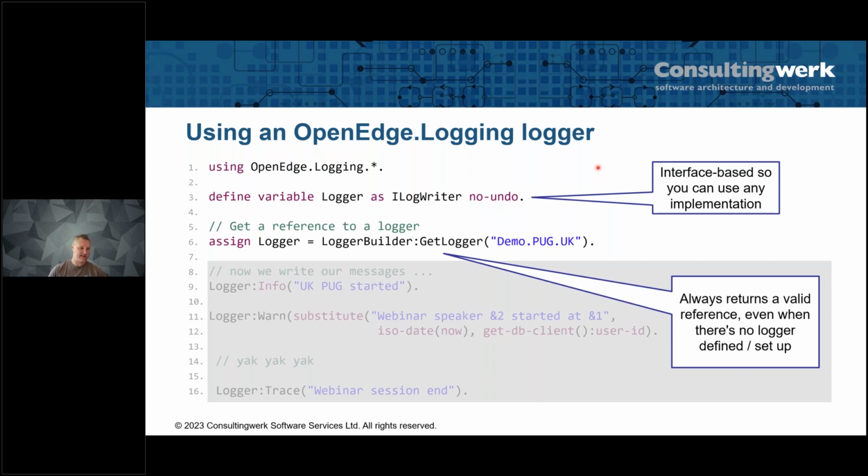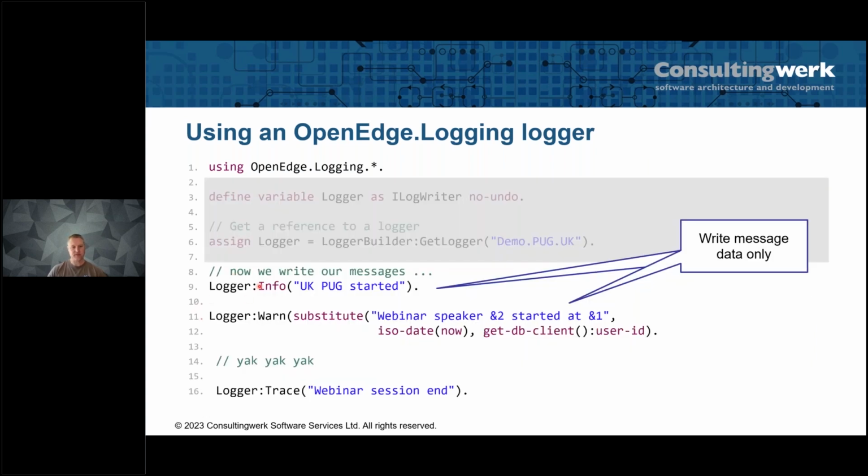That means this later code, this logger info, never has to do an IF VALID-OBJECT THEN. I suppose in 12.5 and beyond, it can use the Elvis operator, which is a question mark colon, a simpler way of saying if valid object. But this was built before then, and it works in the 11.7 timeframe. So you never want to have if valid object logger then logger blah blah blah. It just makes your code a little messy, in my opinion.